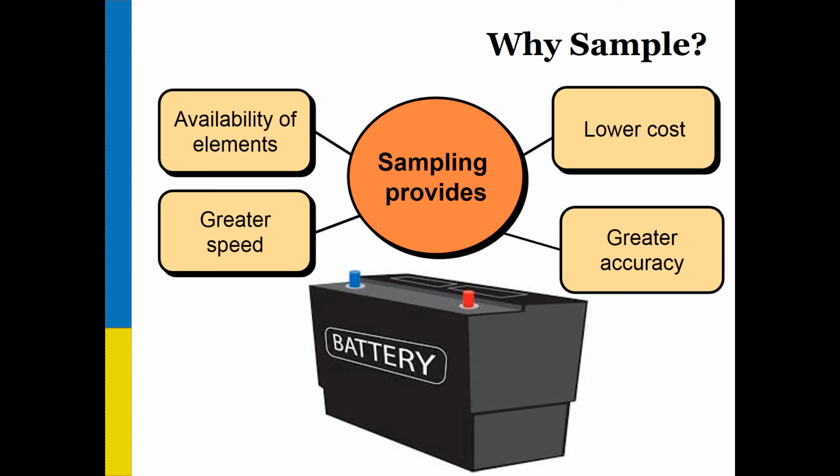So when we take a sample, we're able to determine a sample statistic. This sample statistic can be used to estimate the population parameter. Okay, so back to the Corolla example, we may be interested in the proportion of Corollas that have the airbag defect.